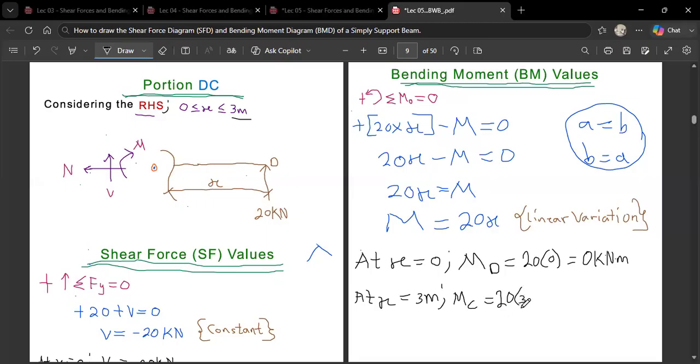And 20 times 3 is going to give you 60. So this is going to become 60 kilonewton meters.